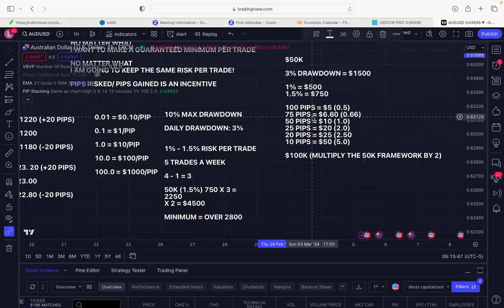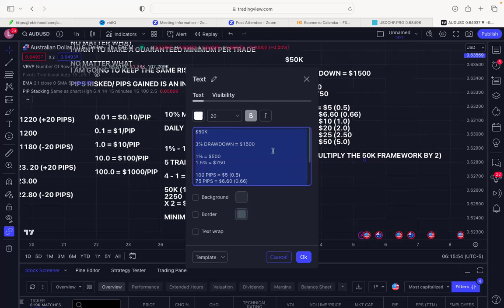So even when you risk 20 pips on a trade, let's say you're on your 50K account, rather than thinking to yourself, okay, it's only 20 pips, and you cheat yourself and only do a 1.0 because that's the lot size you've been using for 50 pips and so forth, you just cut your earnings in half.